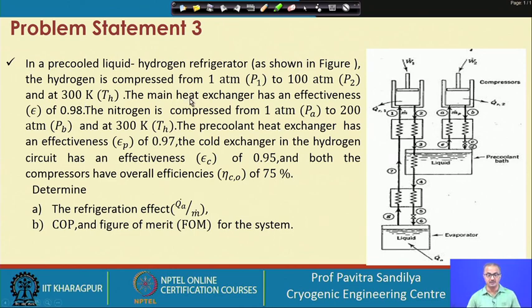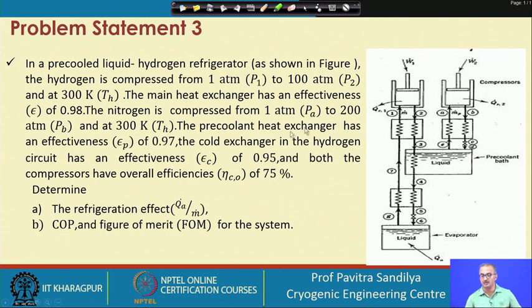Then the mean heat exchanger effectiveness is about this. The nitrogen is compressed from 1 atmosphere to 100 atmosphere at 300 K. The pre-coolant heat exchanger has this effectiveness, and the cold heat exchanger in the hydrogen circuit has this effectiveness, and both the compressors have overall efficiencies of 75%. We have to determine the refrigeration effect, the COP and the figure of merit for the system.